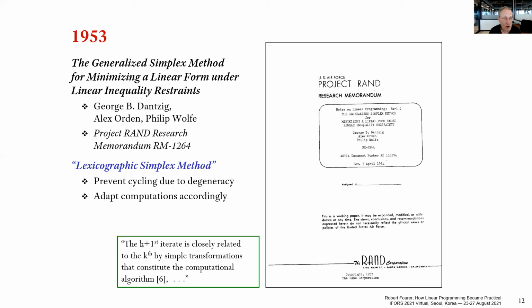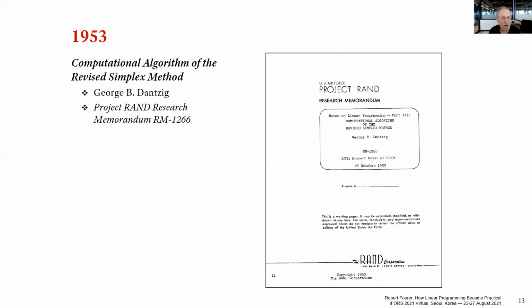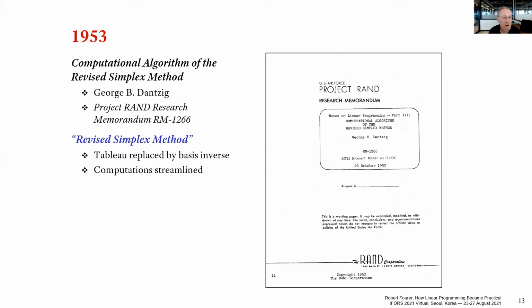And so you can see in statements in this paper, there was already concern about making the computations more practical. And this was followed up in another paper by Dantzig right after that. And this paper introduced the term revised simplex method.